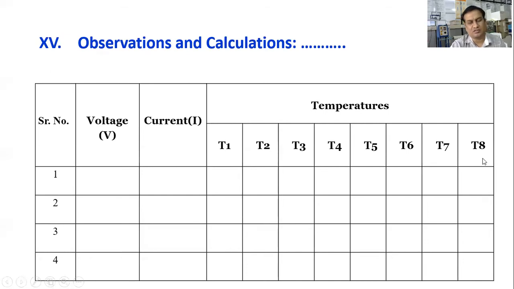So after reaching the steady state temperature, we have to write these values. If you change this voltage value, then again this current value is also going to change, and these T1 to T8 values are also going to change. So you can go for the second run, third run, or you can go for different voltages for different batches.